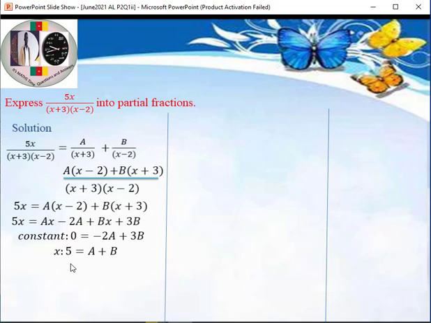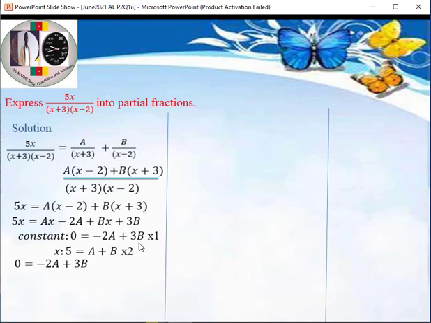But I like using elimination, so we are going to multiply equation 1 times 1 and equation 2 times 2, so that the coefficients of A will be equal, and then we can eliminate A. If we multiply them like that, equation 1 will be transformed into 1 times 0, 1 times minus 2A plus 1 times 3B, which will leave that unchanged.